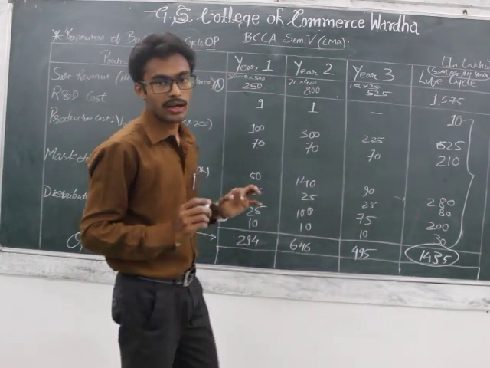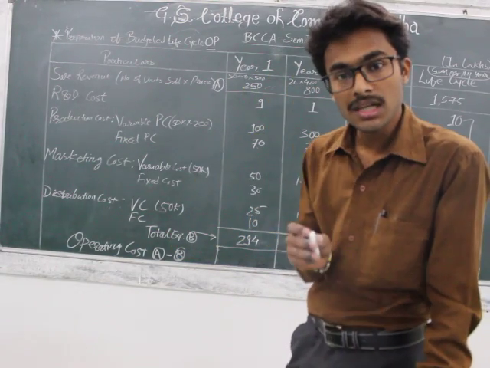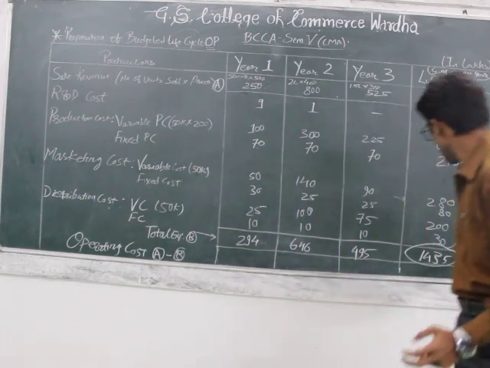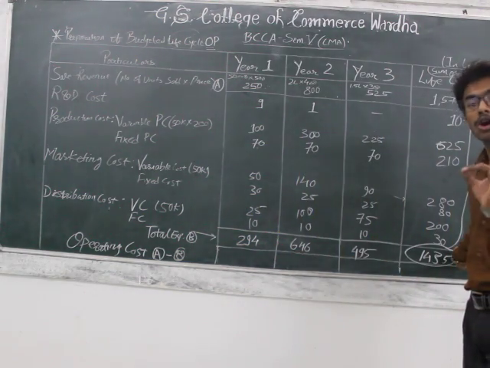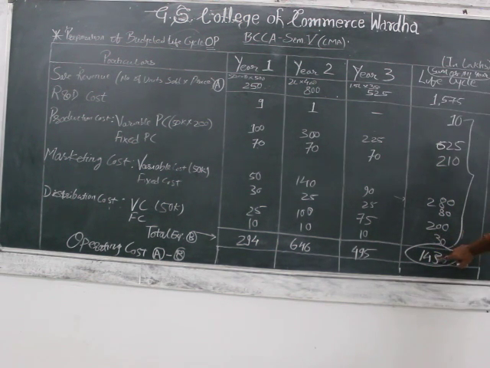The question has asked us to calculate budgeted life cycle operating profit. So 1435 is your budgeted life cycle cost, and 1575 is your budgeted life cycle revenue.